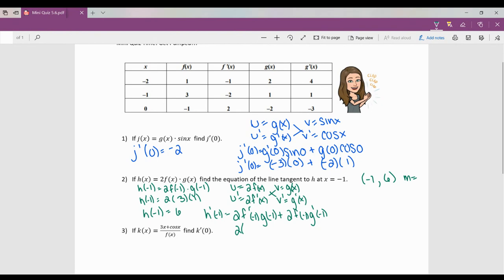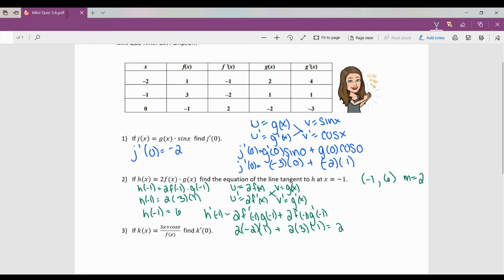F prime of -1 is -2, times g of -1, which is 1, plus 2 times f of -1, which is 3, times g prime of -1, which is 1. So that's going to equal -4 plus 6. -4 plus 6 is +2, so my slope is +2.